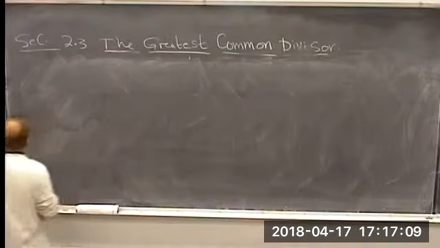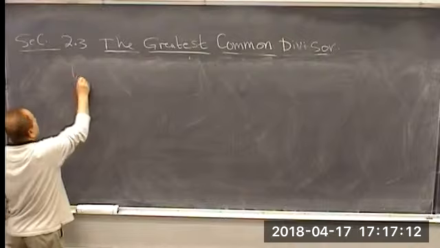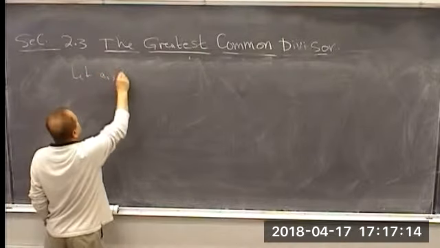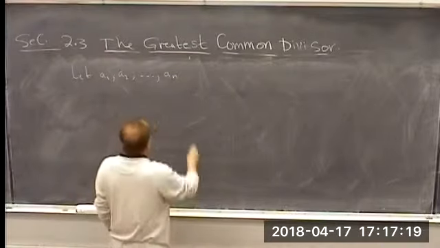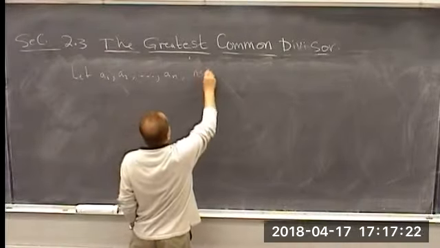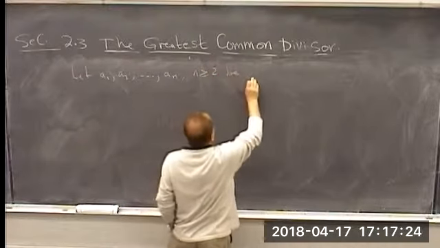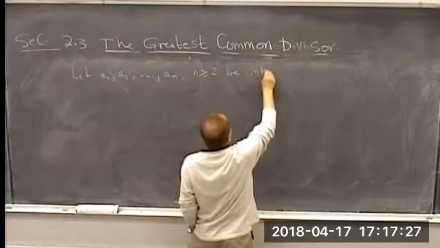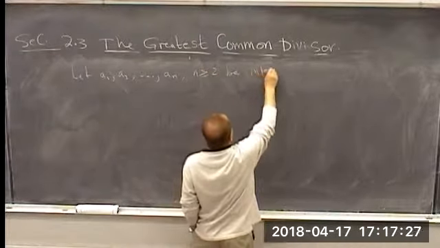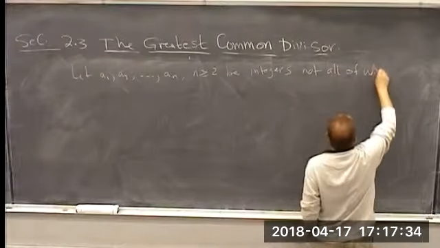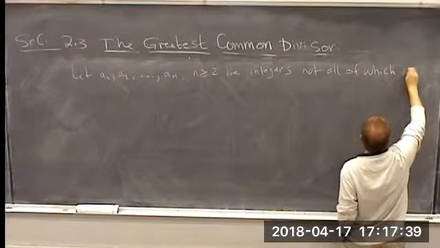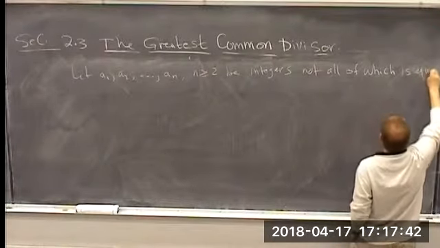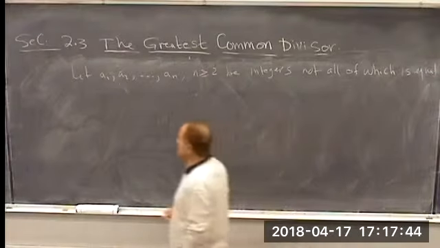Okay, so let's assume that A1, A2, up to AN, n bigger than or equal to 2, be integers, not all of which are equal to 0, at least one is not equal to 0.